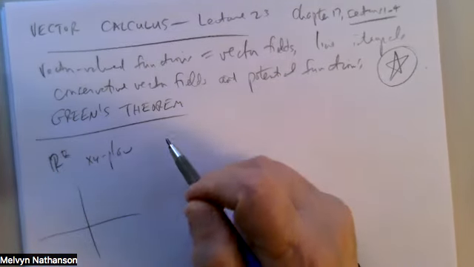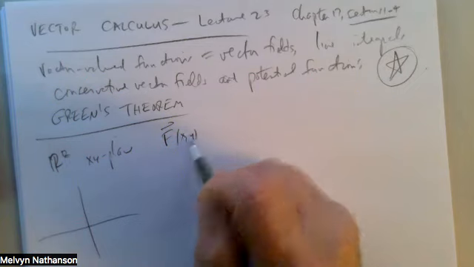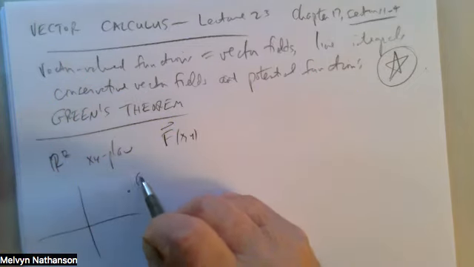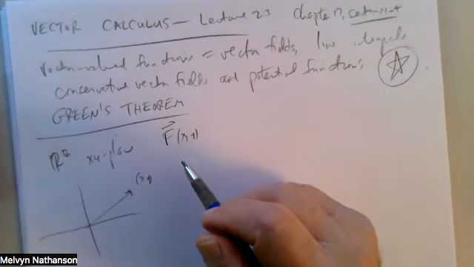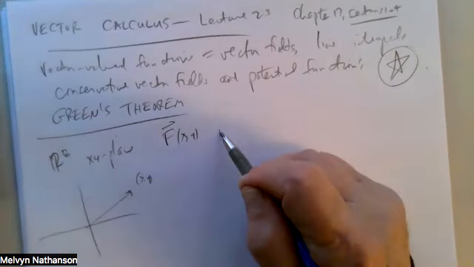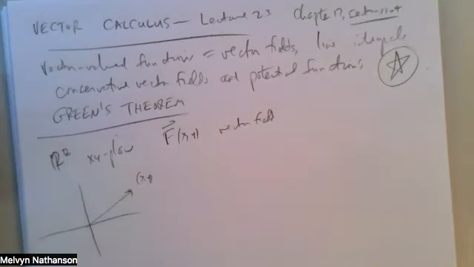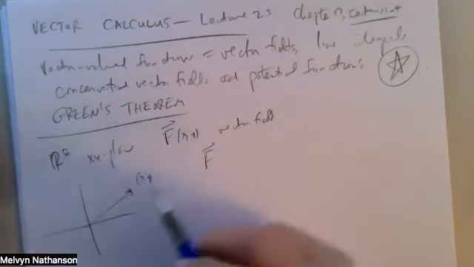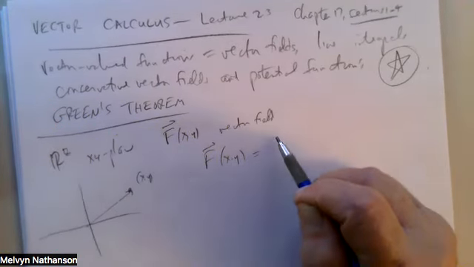And we have a function F of xy. So you take a vector in the plane, xy, and the vector field assigns a vector to the vector xy. So if you take a point xy, F of xy will be another vector in the field.